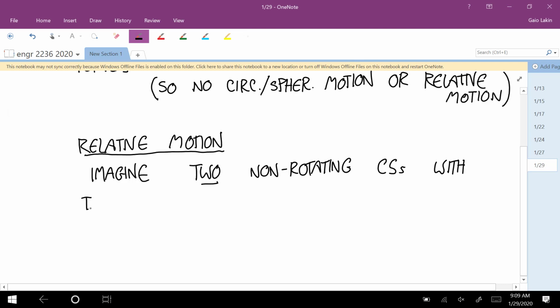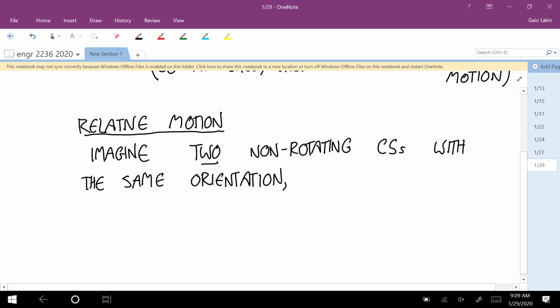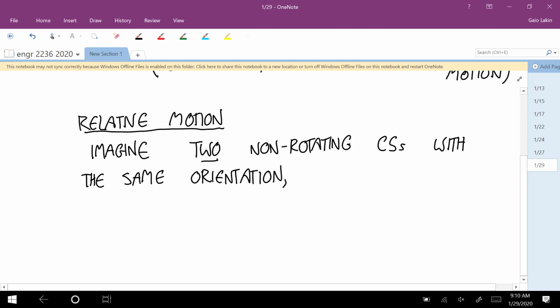With the same orientation, and each one is tracking the same object.